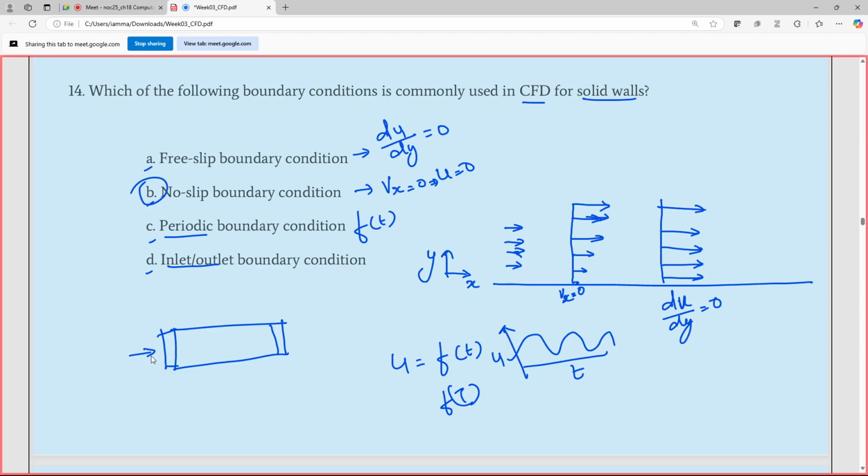This is the inlet and this is the outlet. These two patches we will define as inlet outlet boundary conditions, whereas the other four walls will be defined as wall boundary conditions. This is a boundary condition with respect to the geometric border, not just the physics of the problem. This is how we define it when the code is developed or when we are establishing it in the solver. It is simply mapping the physics with the geometry.